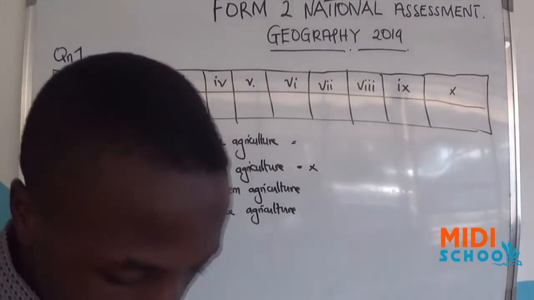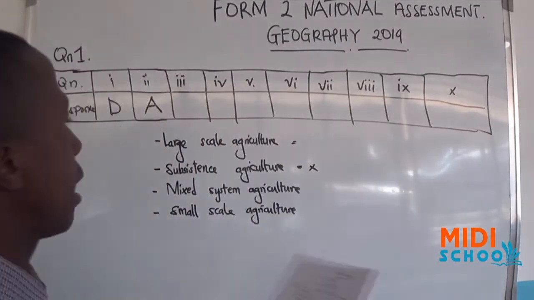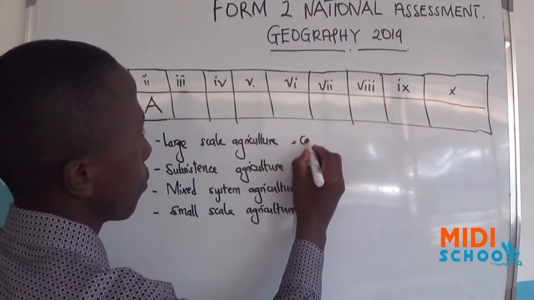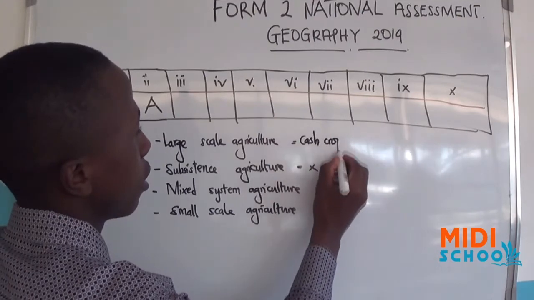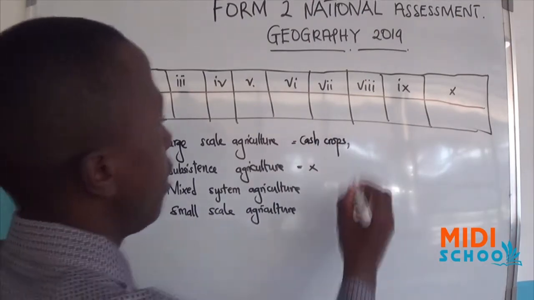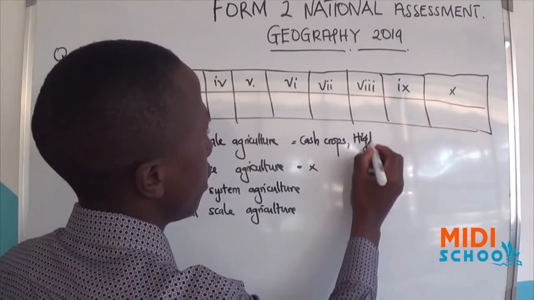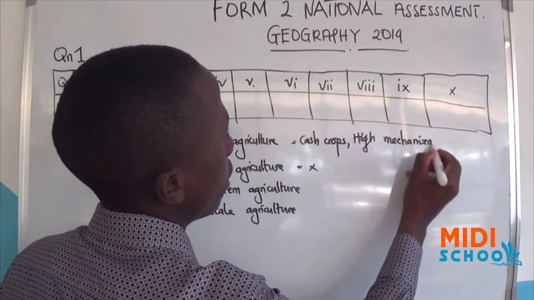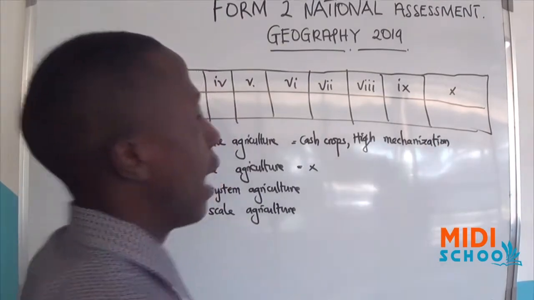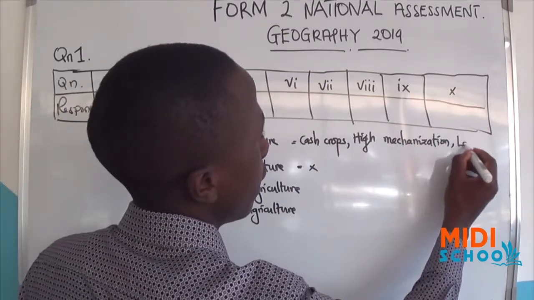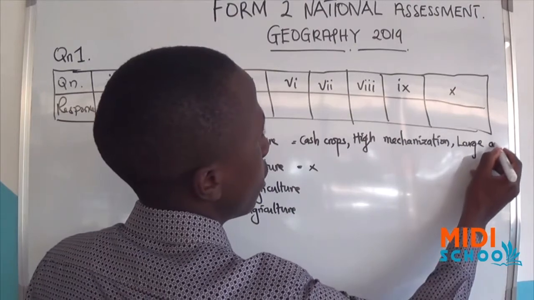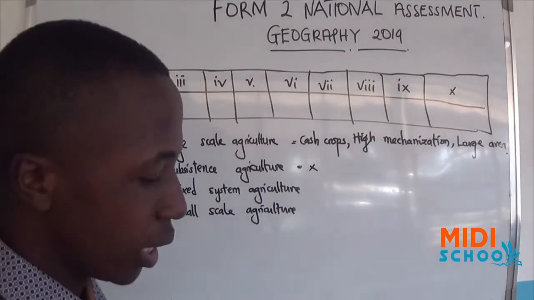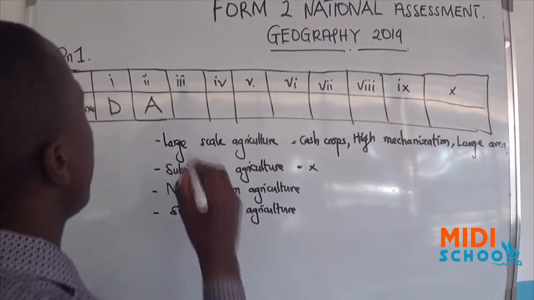Large-scale agriculture involves the cultivation of cash crops. There is high mechanization, and it takes place in a large area. So for this question, our answer is B.